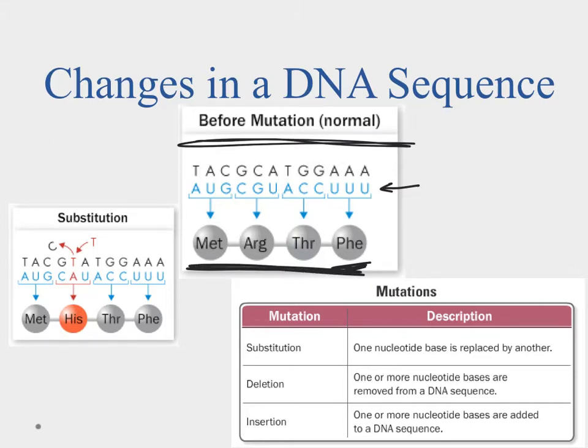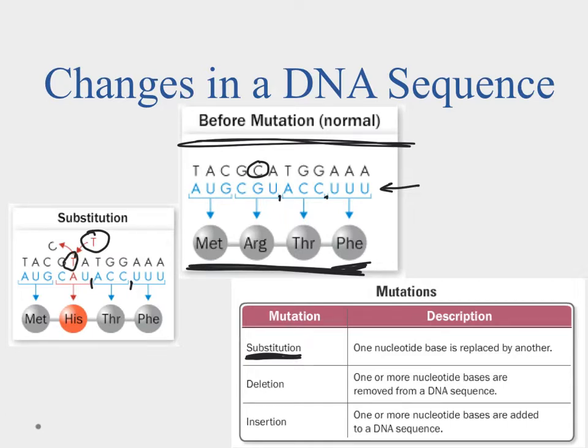Now, the easiest type of mutation, or the one that we see quite often, is this substitution, and that's where you just make a mistake. So here in our example, our first codon is still the same, our second codon is still the same, but in the third codon, what happened was we took this C out and replaced it with a T. So the cytosine went out and the thymine came in.